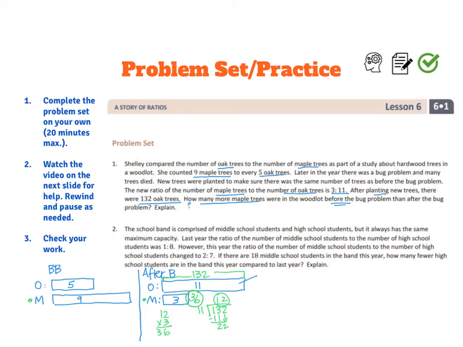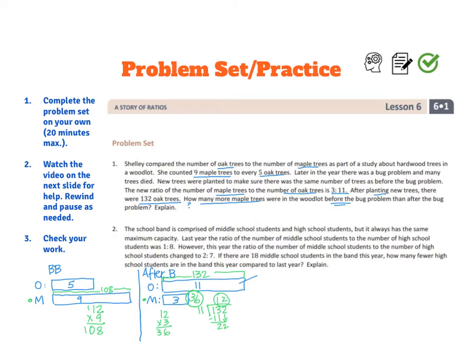Then I take my 12 per unit multiplied by 9, and there's 108. I have to compare those, so comparing means I need to do some subtraction.